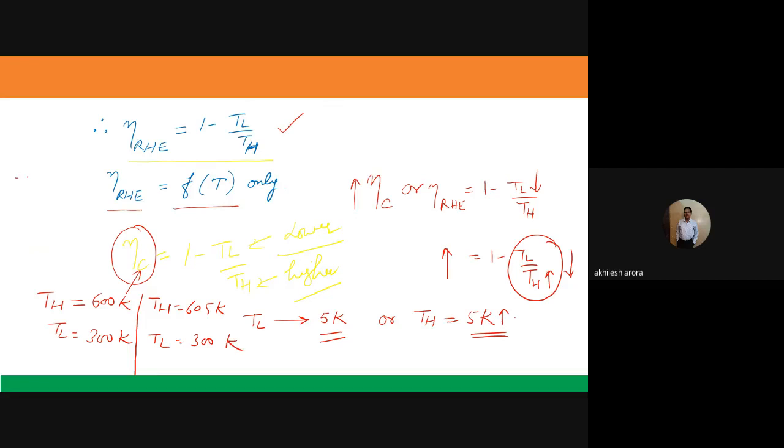And in the third case, you can consider that TH is still 600 Kelvin and TL is reduced by 5, so it would be 295 Kelvin. So for all these three cases, what is the value of the efficiency of the Carnot cycle, and in which case does it increase more? That is what I give you as an assignment, a logical question.